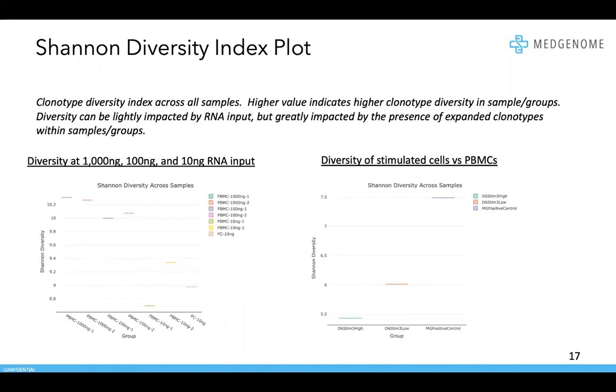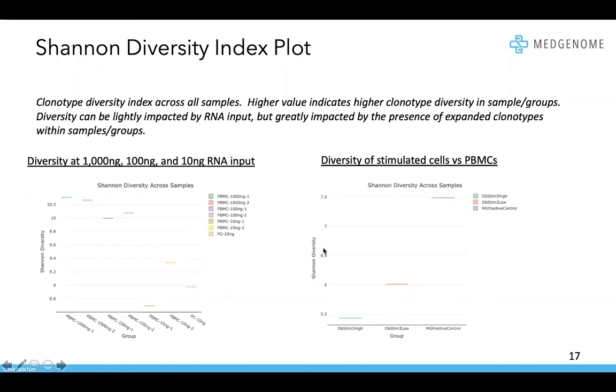So again, if a client has micrograms of RNA available, it's always best to use the highest input for making these libraries versus the lowest input, because you can see there's quite a bit of a difference between a 10 nanogram input and 1,000 nanogram input from the exact same sample.